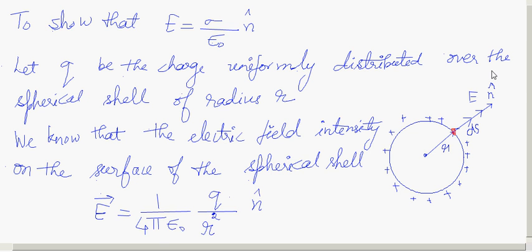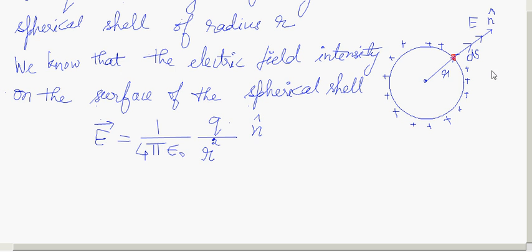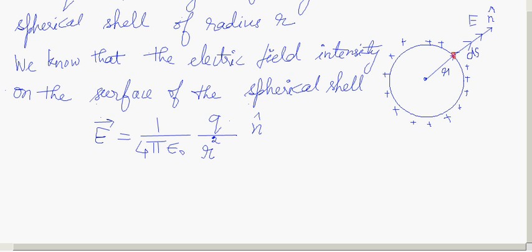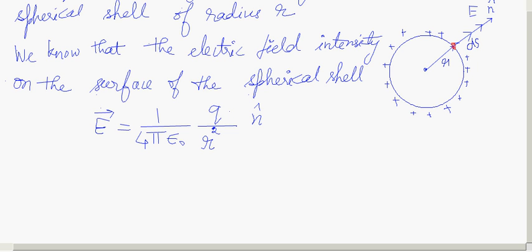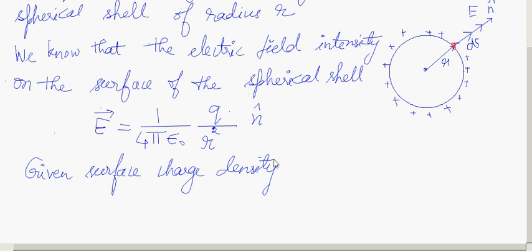Now given the surface charge density is sigma. So sigma is charge by surface area, that is q by 4 pi r square.